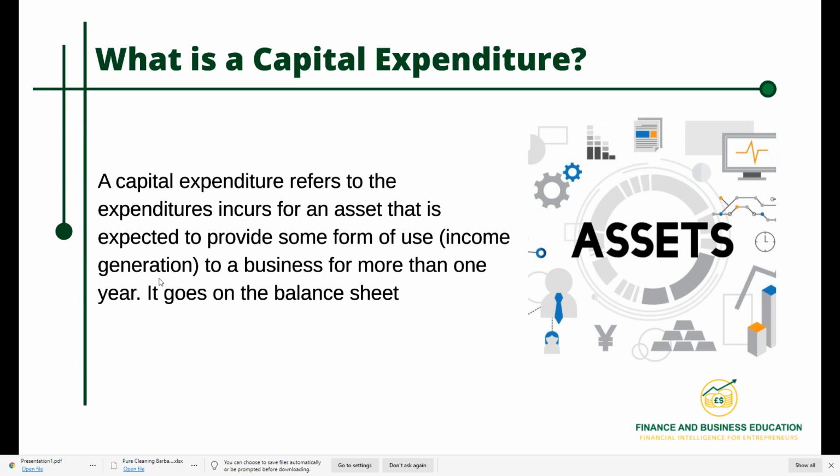A capital expenditure refers to the expenditure incurred for an asset that is expected to provide some form of income generation to a business for more than a year. It goes on the balance sheet as an asset. We said earlier you can depreciate it over time, but depreciation is a non-cash flow expense.